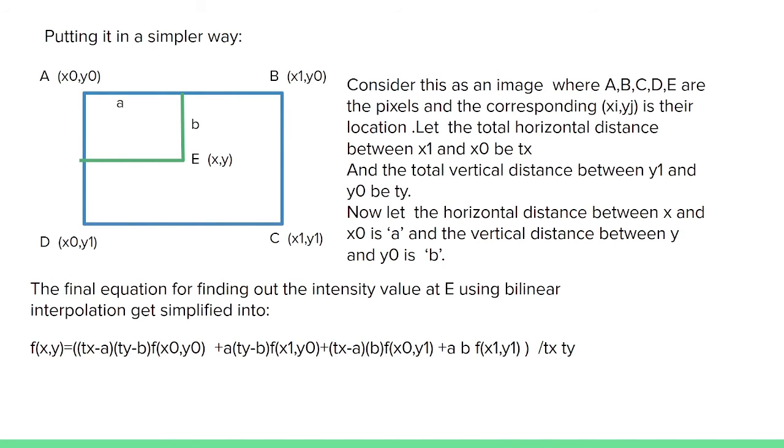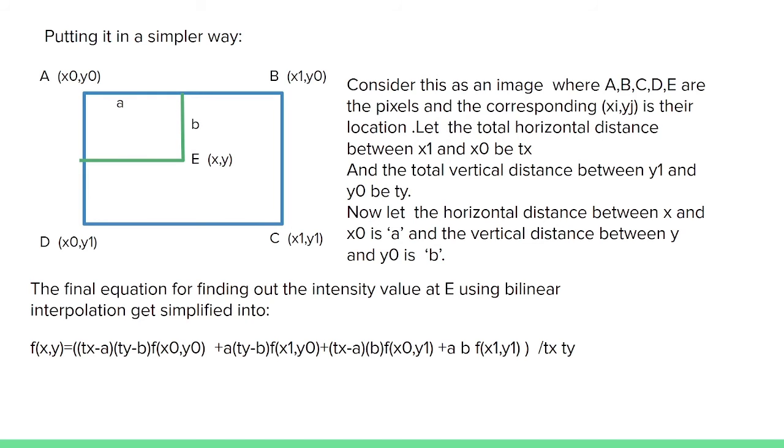And how is that? Let us say I need the value at position E, and A, B, C, D are its 4 nearest neighbors. The total horizontal distance between A and B is Tx, and the total vertical distance between B and C is Ty. How would the intensity value at position xy, E, be found out?